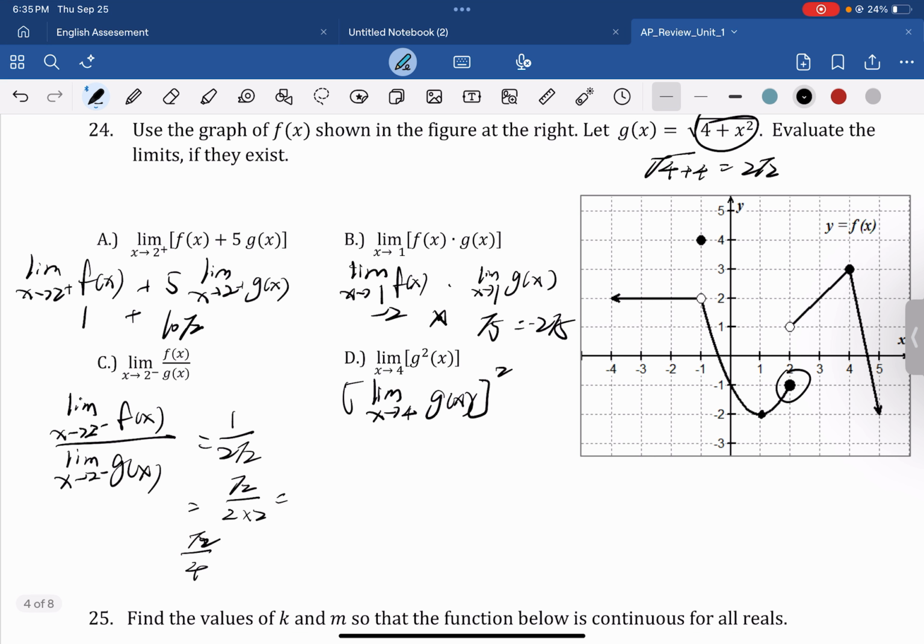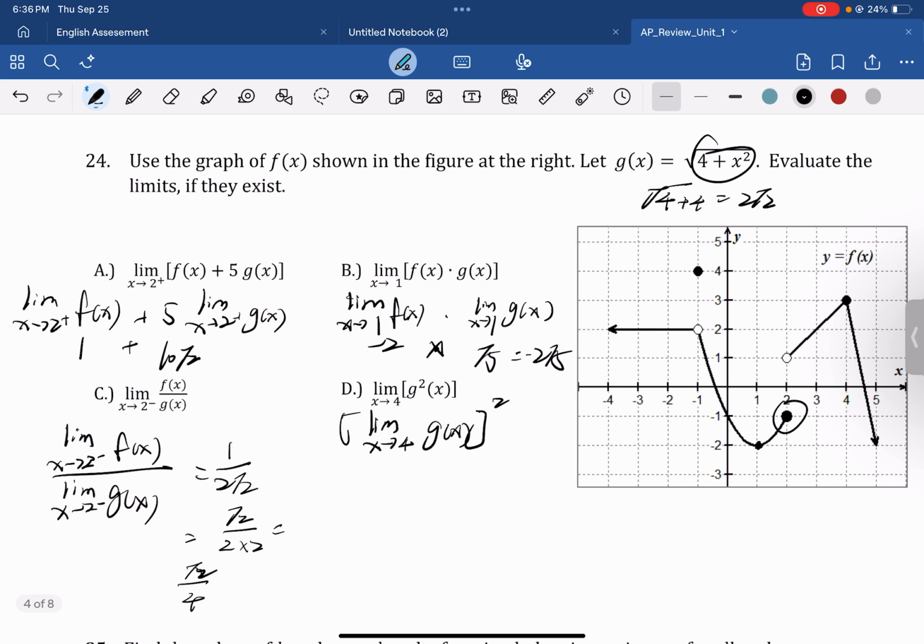So you plug 4 into it. So we got the square root of 4 times 4 plus 4, which is the square root of 20, and then the square outside. So we got the square root of 20 squared, which is 20. All right.